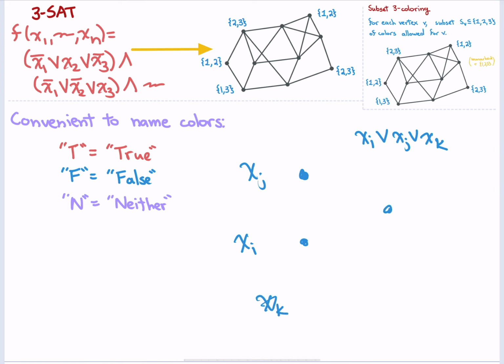I'll make it a triangle, xk. Okay, so if I have a clause, I should make a triangle. So I have one node for every variable, I guess for every literal, right? So that means that if you're going to make one for xi and use it like this, you're probably going to want to have another vertex for xi bar, for when xi bar appears in a formula and stuff like that.